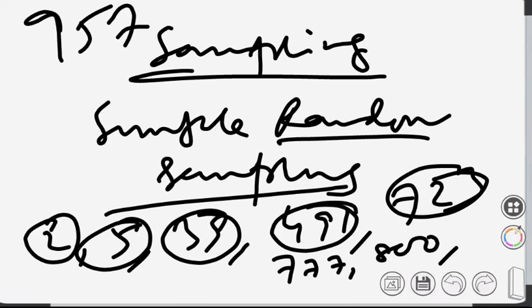And there are several other kinds of sampling methods also: quota sampling, stratified sampling, and other methods. I'm not going into the details of that. Our importance is simple random sampling.